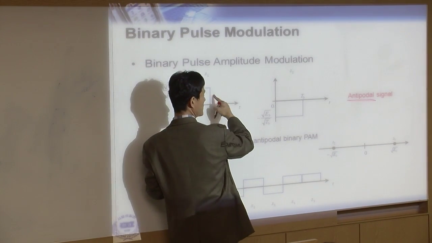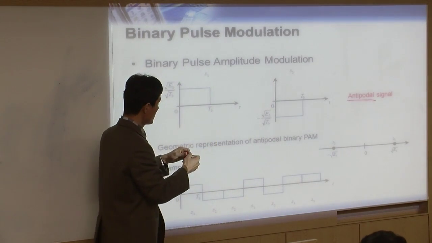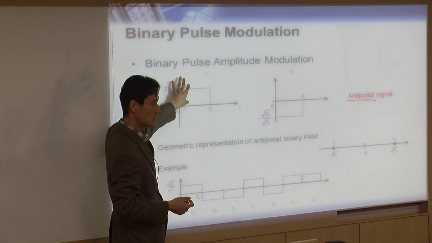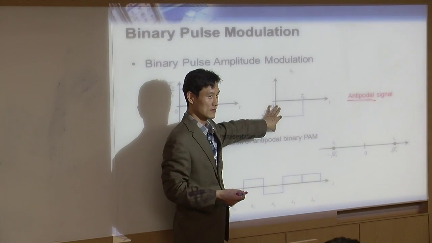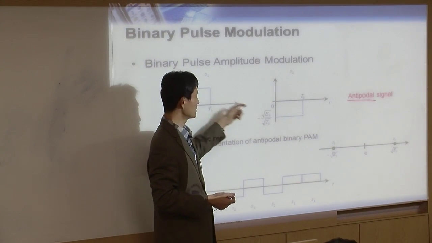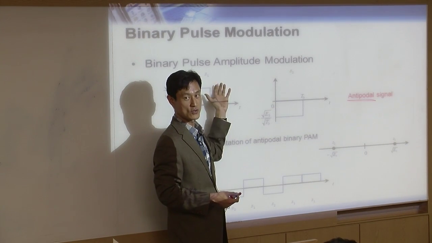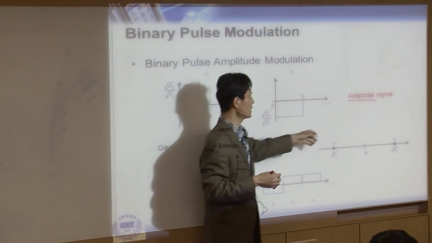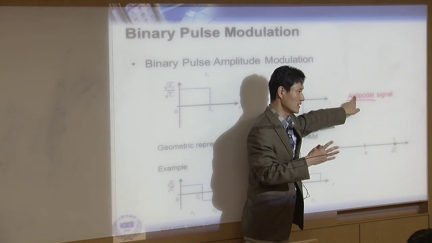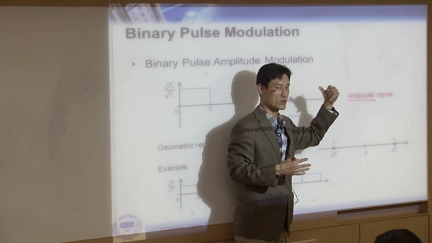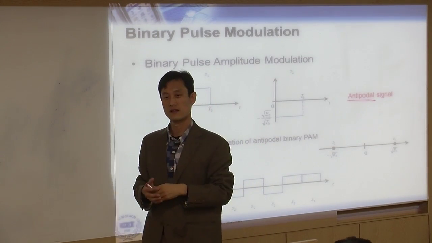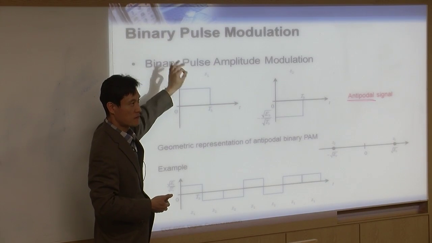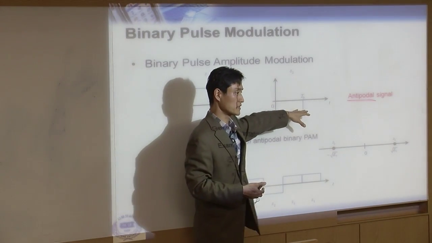So the actual magnitude is the same, but this is positive and this is negative. Like this is plus 1, this is minus 1. Same amplitude, but the sign is different. That's why this is called antipodal. Anti means reverse, right? Pod means sign. So antipodal means a different sign. So this is a special case: binary, but an antipodal signal.